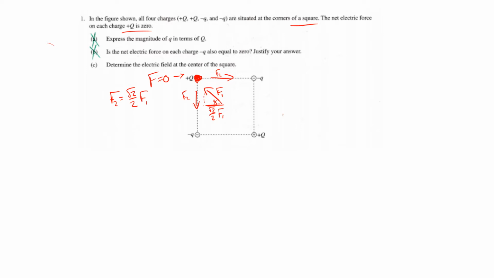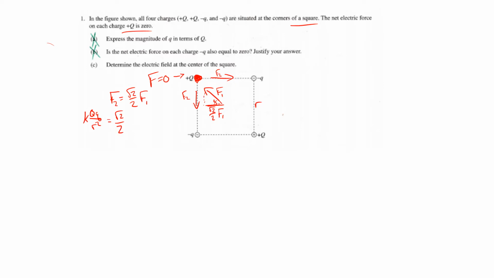So now we're going to use Coulomb's law and break down these F2s. F2 is going to equal k times big Q little q over R squared. Let's just call this R. We can pick whatever letter we want, I'm just going to leave it as R. Now that's going to equal root 2 over 2 times F1.